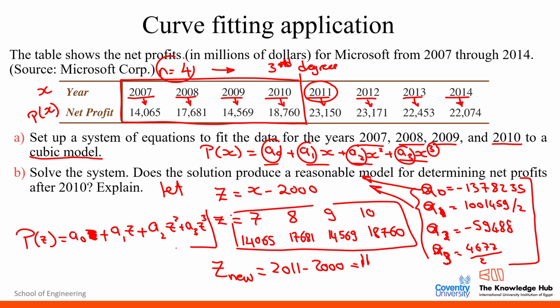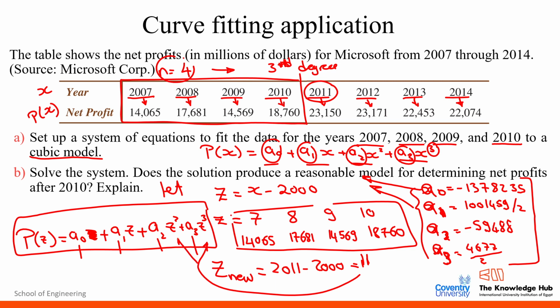So this is the equation that should be used to solve part B. I'm going to use the values, it's already calculated, and then substitute with 11 here. So you are going to get the value of p, and compare it with the actual profit to see whether the difference between them is large.